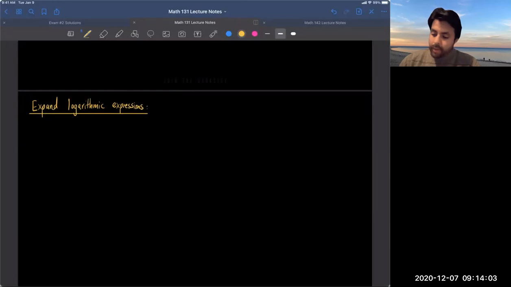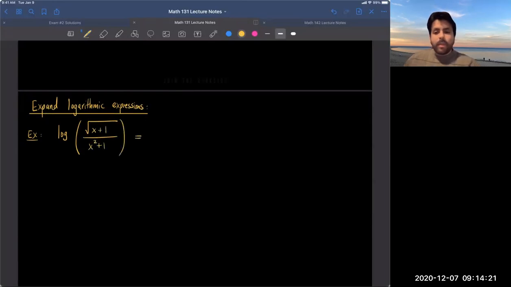So let's say I have something like this: log of the square root of x plus 1, all over x squared plus 1. I want to go from a single log to an expanded form. What would this look like?